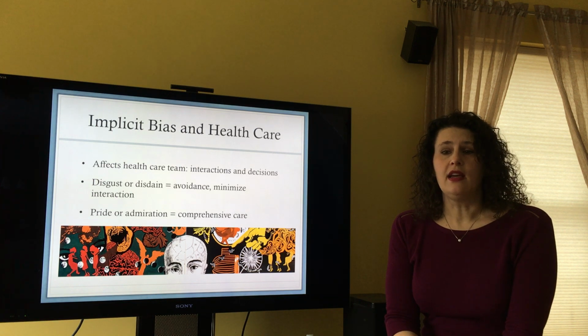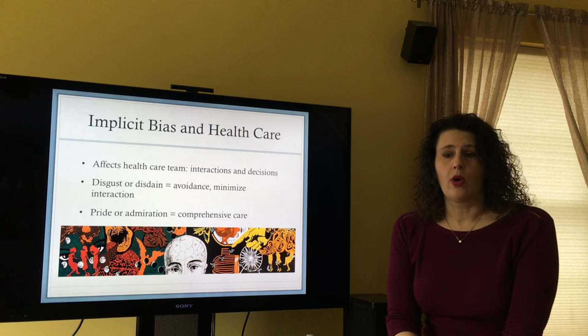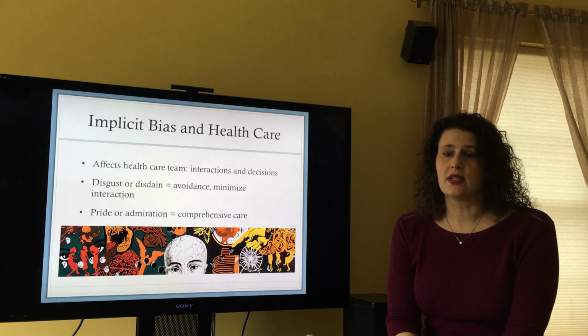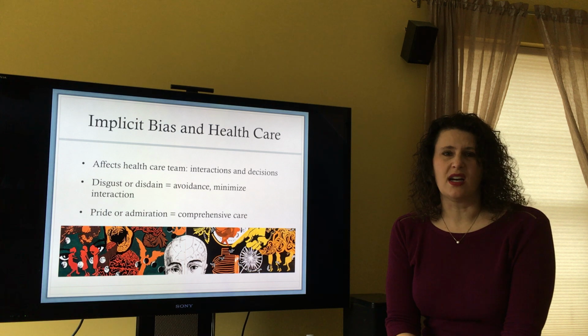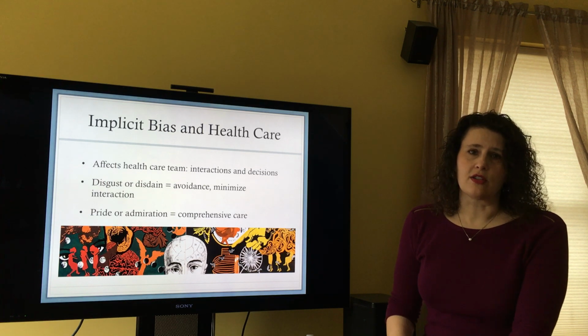For example, patients who elicit feelings of pride and admiration, such as heterosexual middle-class whites, tend to receive more comprehensive, effective treatment. A patient who elicits the subconscious response of disgust or disdain, such as an individual who is homeless or has a substance abuse problem, may result in the healthcare team member avoiding or minimizing interactions with that patient.